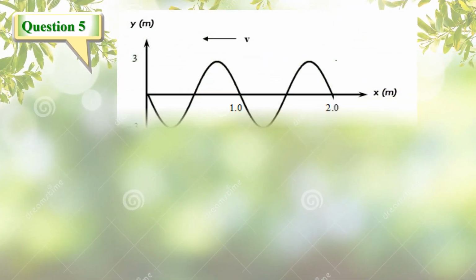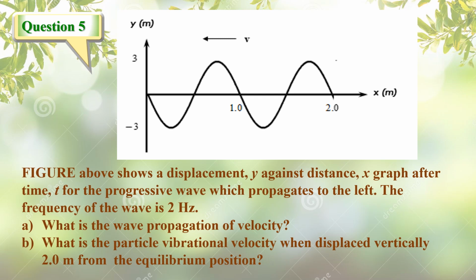Now the last question, question 5. The figure above shows a displacement y against distance x graph, where y is in meter and x is in meter also, after time t for a progressive wave which propagates to the left.